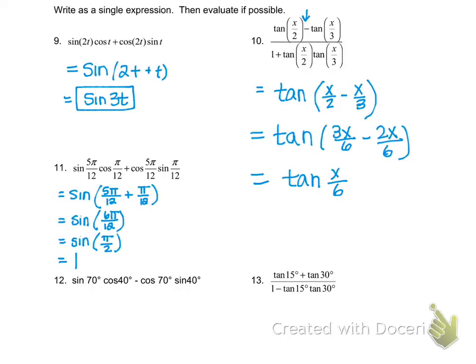Number 12 is the difference formula for sine. So we have sine of 70 degrees minus 40 degrees, which is going to be sine of 30 degrees, which we can evaluate on the unit circle and get 1/2.